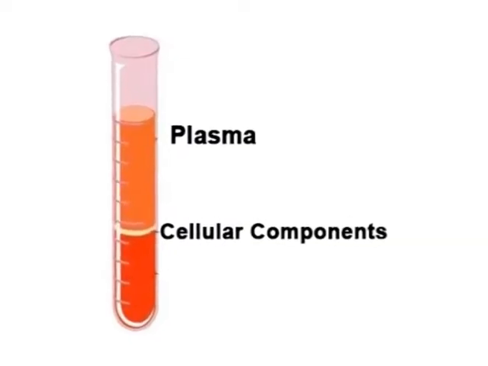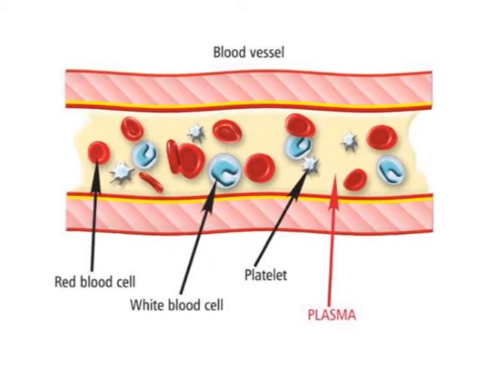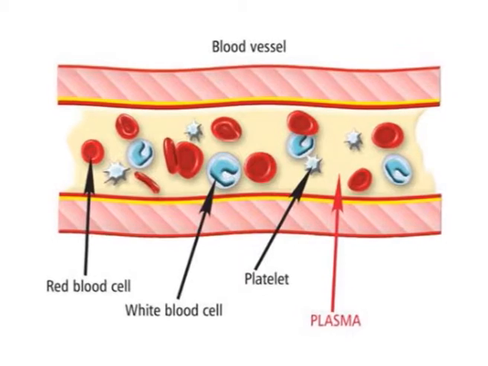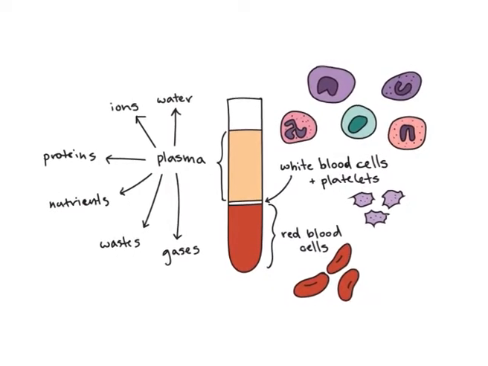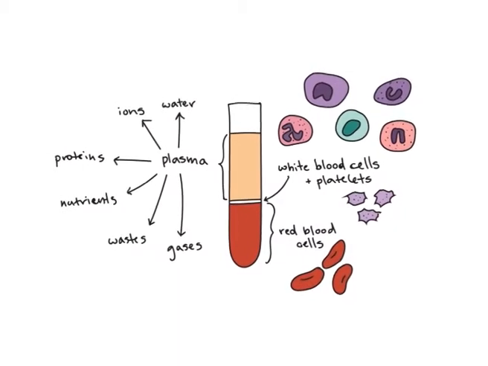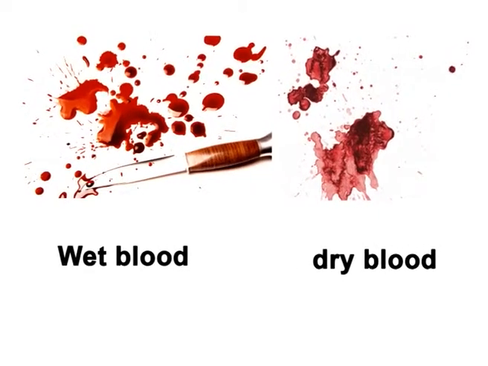Here we will have a brief discussion about blood. Blood is made up of two parts: one is the cellular part and the other is plasma. The cellular part of blood consists of erythrocytes, leukocytes and platelets, whereas plasma contains organic and inorganic materials. At a crime scene, blood could be present in two forms, wet blood or dried blood.